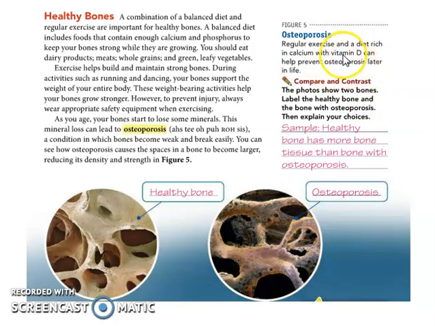Vitamin D is a vitamin that the sunlight helps to activate inside our body. Vitamin D is not from the sun. Vitamin D is in the food that you eat, but the sunlight is only activating it.